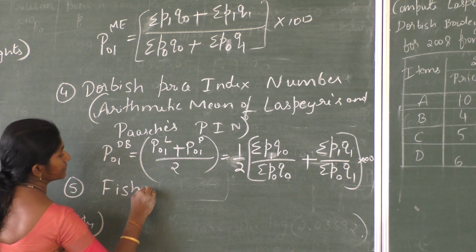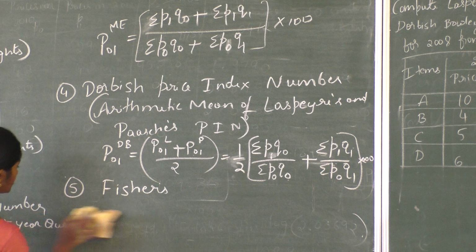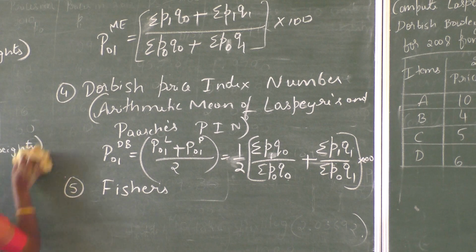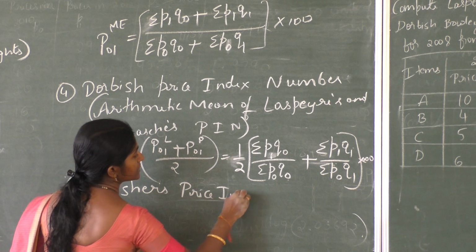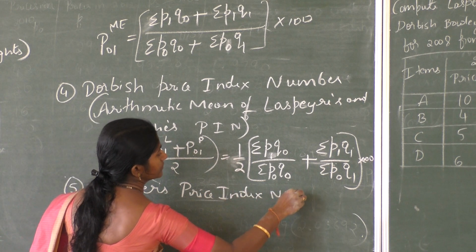Next, the fifth one: Fisher's price index number.